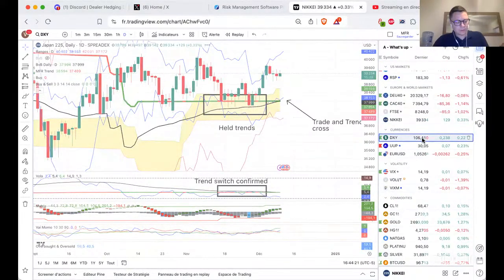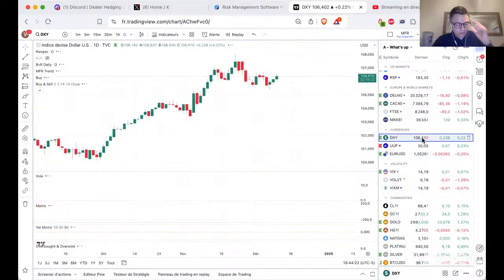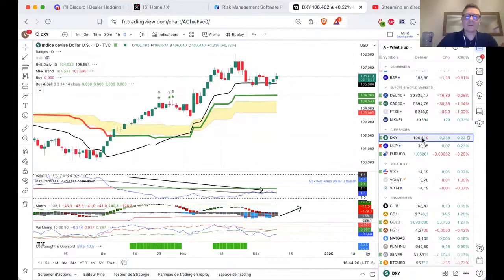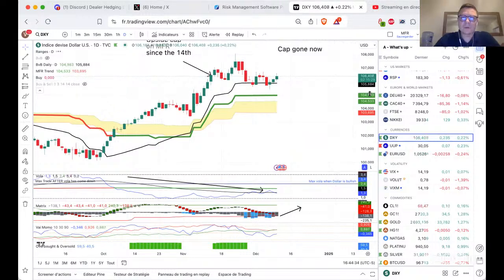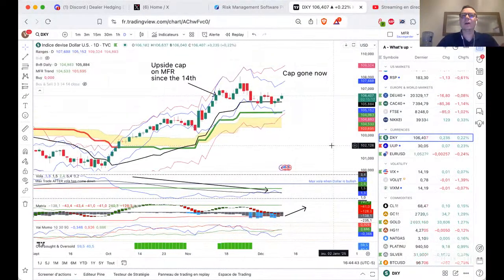Now DXY. On the last show, I mentioned that we were having a cap on the MFR range. What you see on these charts I'm sharing is basically what you get from the MFR website, but shown visually.